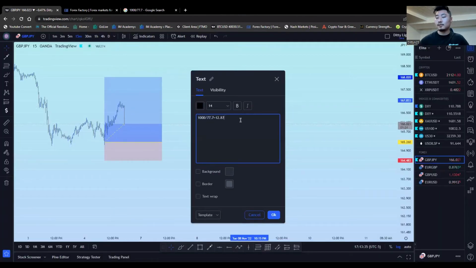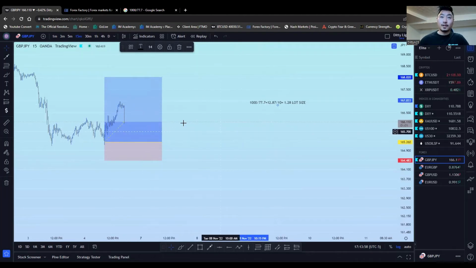That is how much you're risking per pip. Hope you follow me. Then you divide it by 10, which equals 1.28. That will be your lot size for that specific setup.